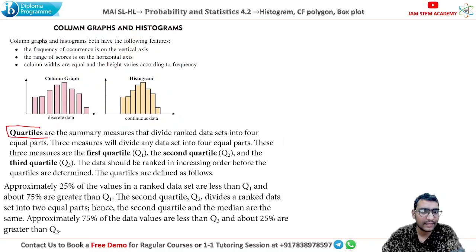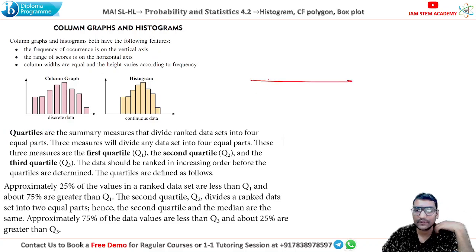Now, quartiles divide our data set into 4 parts, as I said. If this is your data arranged in increasing or decreasing order, you can divide your given data into 4 parts, like this.